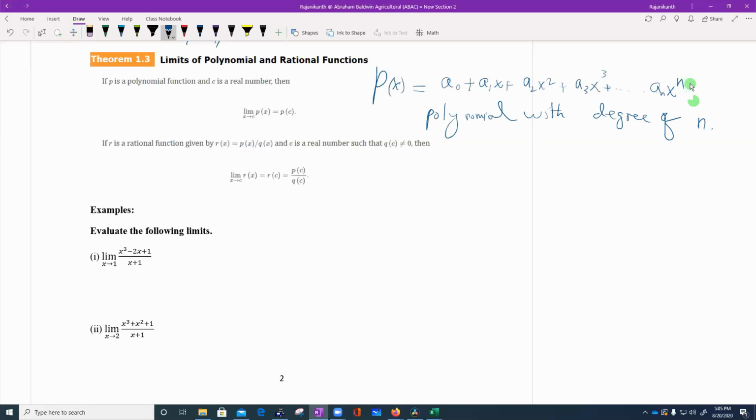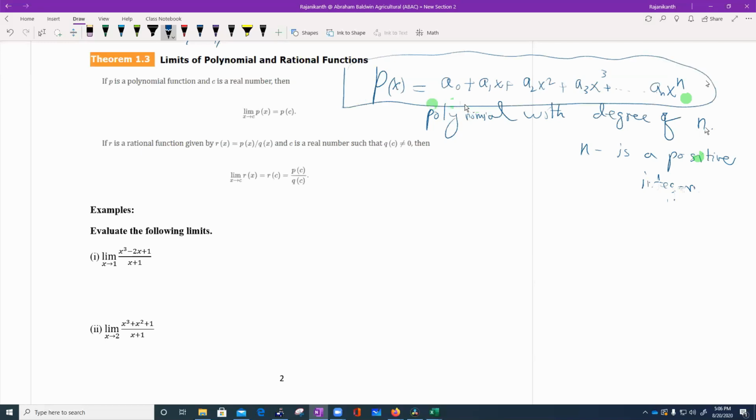Okay, this n can be any positive integer. So if you have this kind of form in the function, that is called the polynomial function.